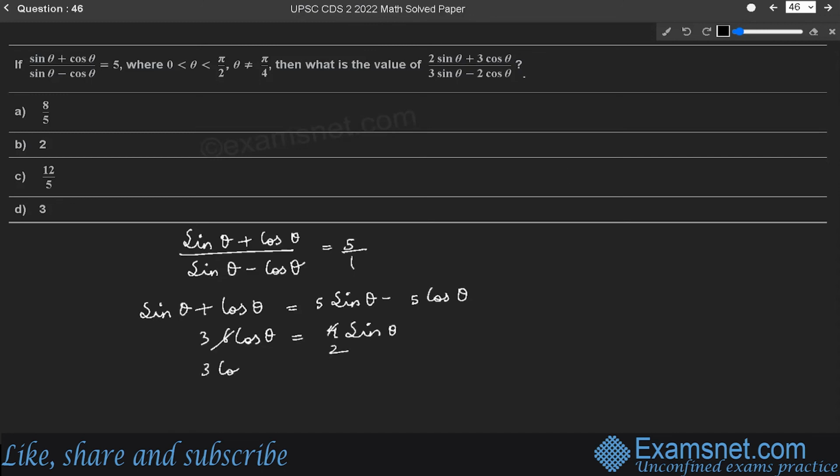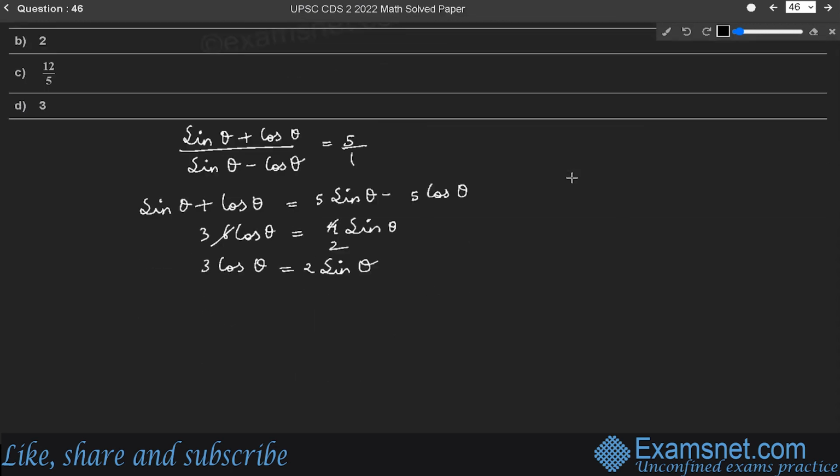So we can say that 3 cos theta is equal to 2 sin theta. From here, we can get the ratio of cos theta and sin theta. So cos theta upon sin theta will be equals to 2 by 3. So the ratio will be cos theta is to sin theta is 2 is to 3. Means cos theta is 2 and sin theta is 3.